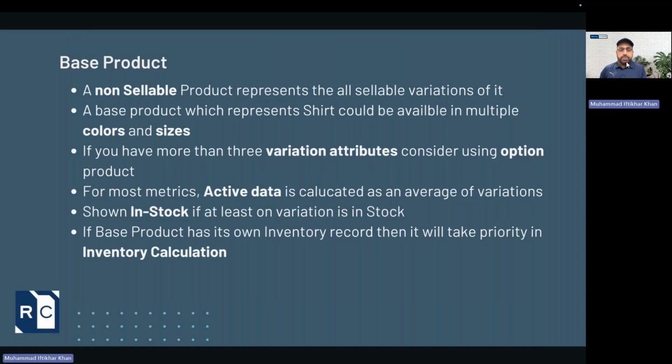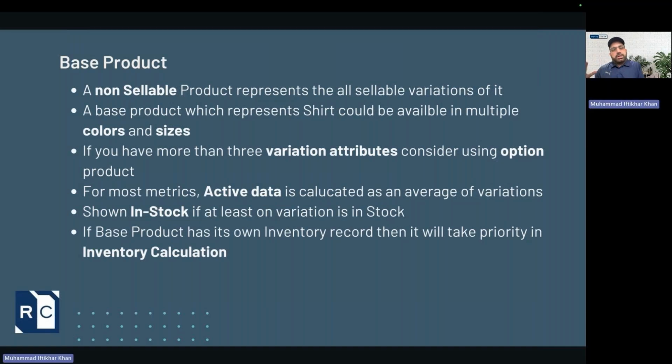And if the base product has its own inventory, there is another scenario where you can define the inventory record at the base product level. In that case, its own inventory record will take priority in inventory calculation. So you have two different options for managing the inventory of your master variation products.